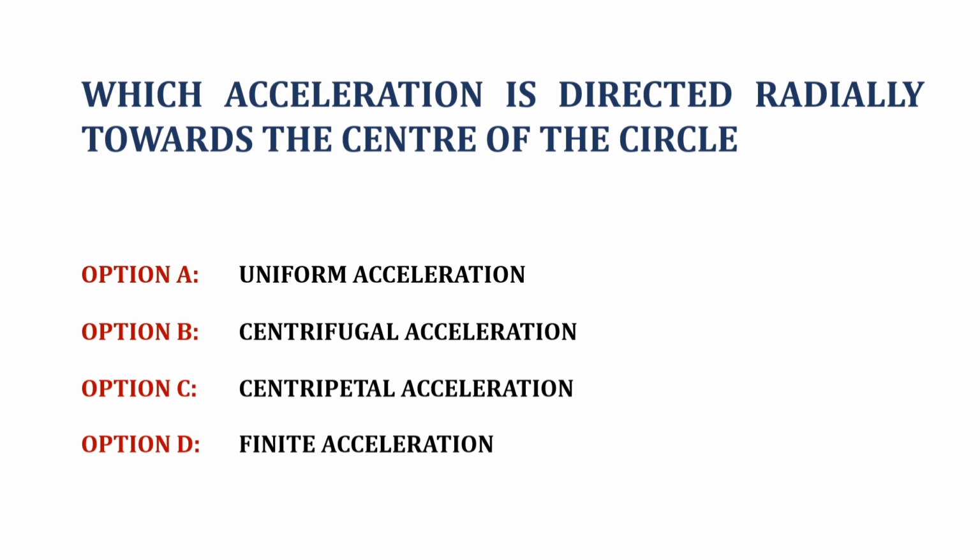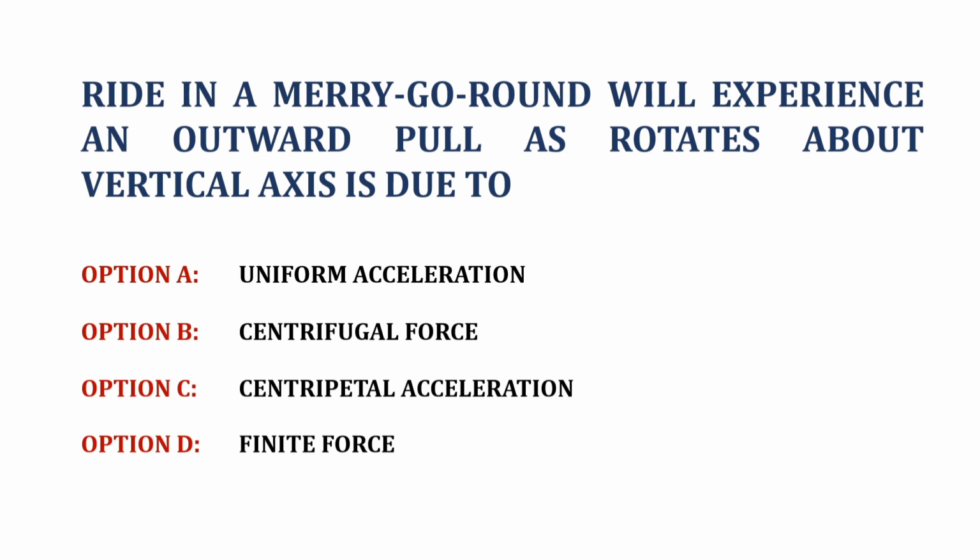Which acceleration is directed radially towards the center of the circle? Option C. Centripetal acceleration. Ride in a merry-go-round will experience an outward pull as rotates about vertical axis is due to. Option B. Centrifugal force.